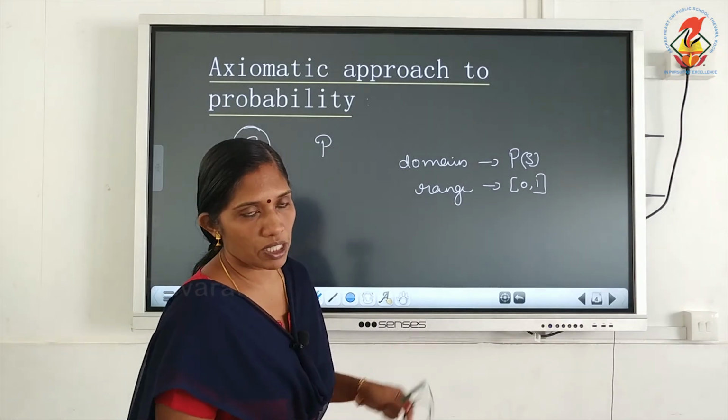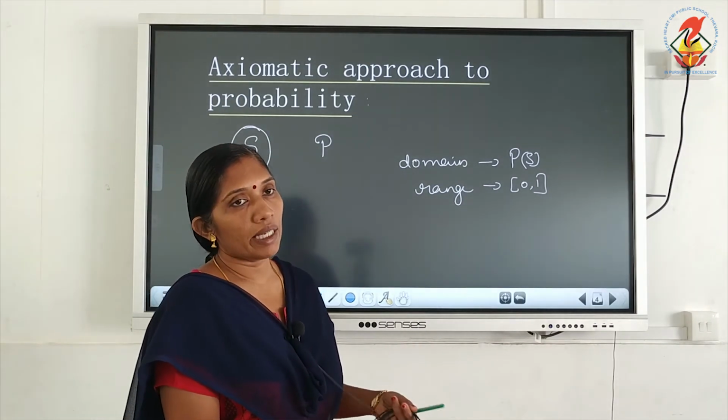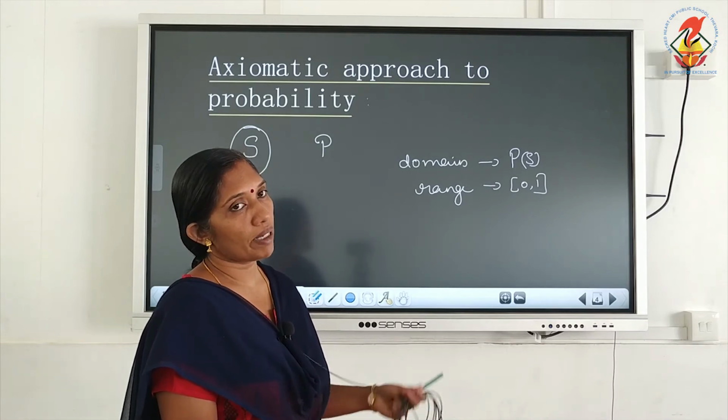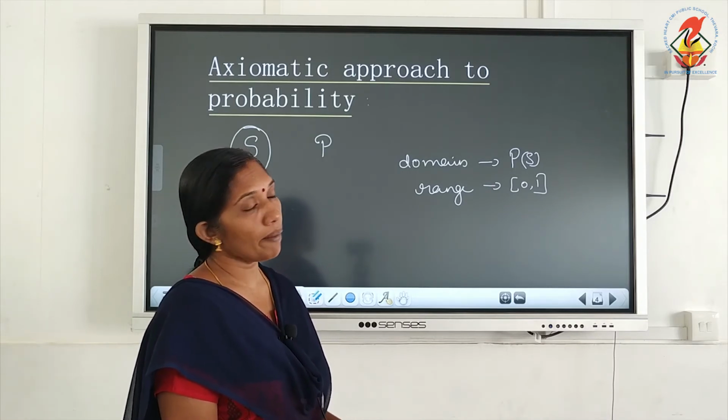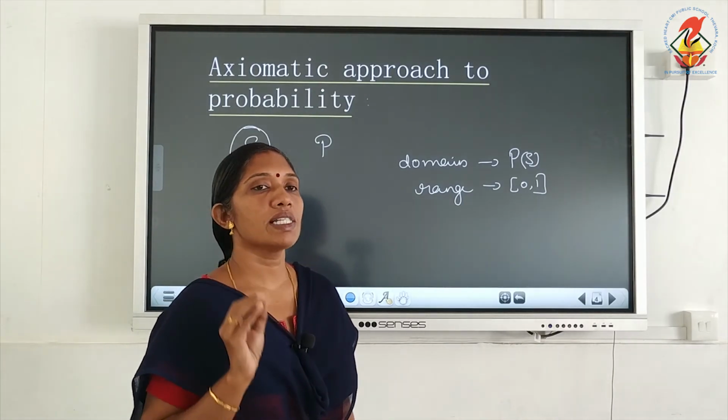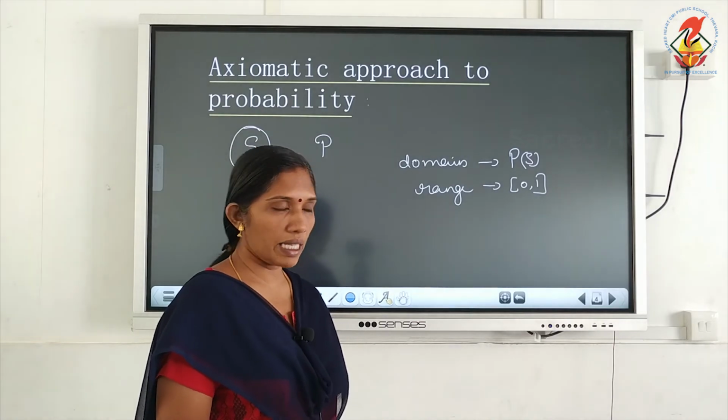S is the sample space of a random experiment. P is a real valued function whose domain is the power set of S, and range is the closed interval 0, 1. It also satisfies some axioms. 3 axioms are there.